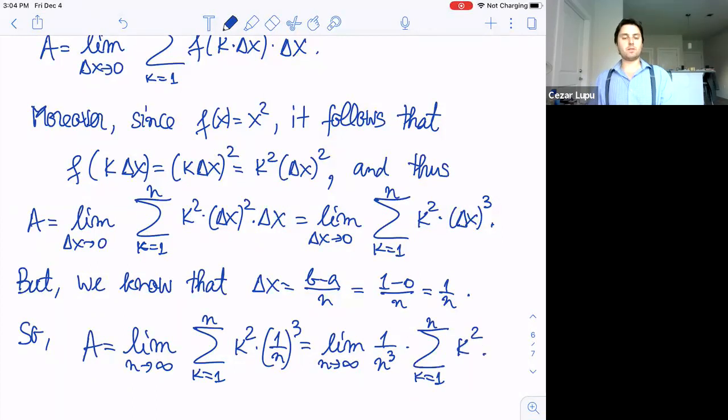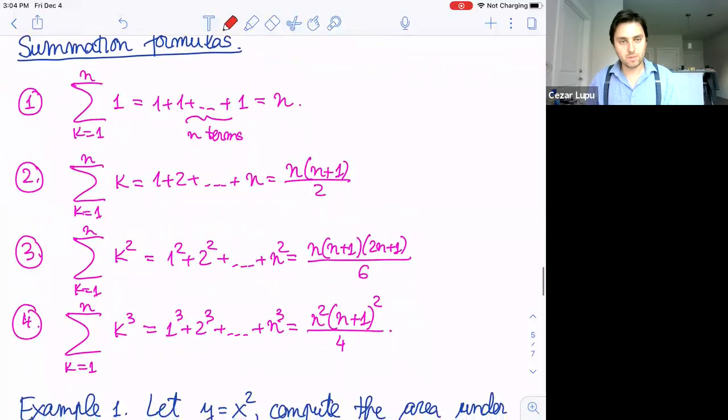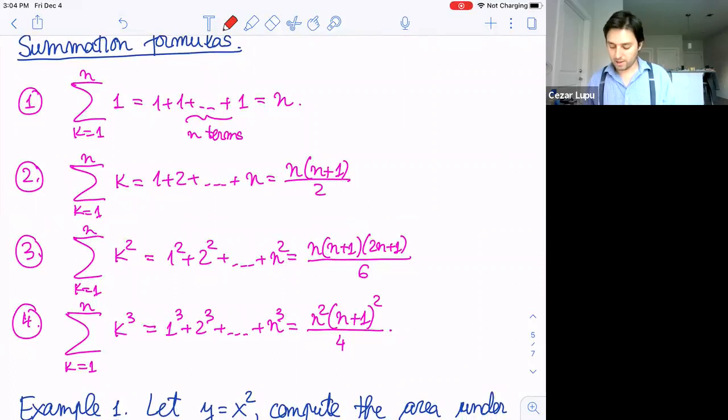And now it's clear what to do. We just have to go back to the sum. As you can see here, we have the sum of the squares. And if you go back, you see number 3 in the summation formulas, we have it there. So we can plug it in.